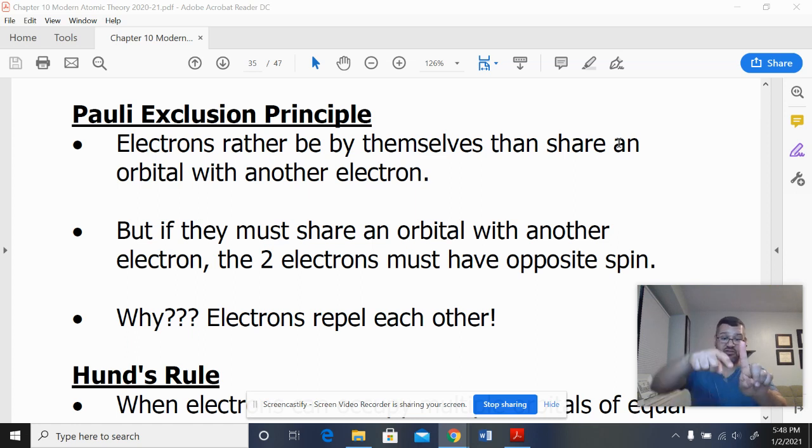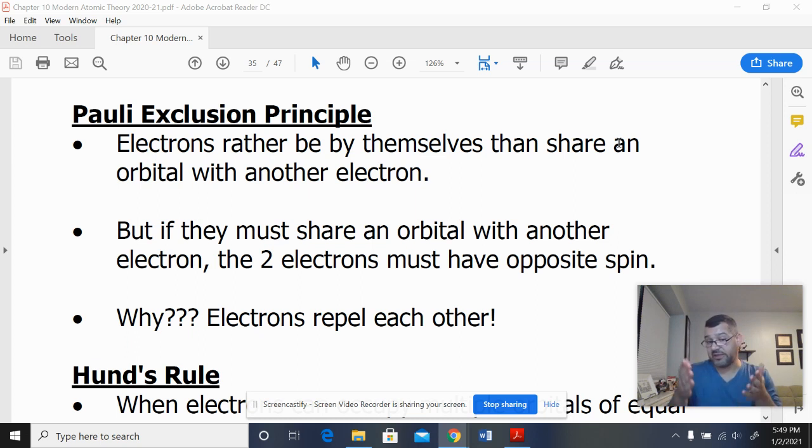And what one does is it flips and then it attracts. So electrons are the same thing. When electrons are spinning with the same spin, they have the same magnetic situation going on, and that's repelling them. So one of them will flip the way that it spins. So they'll spin in opposite directions, and then they can get closer together, sort of like attracting. And that's how they can be in the same orbital.